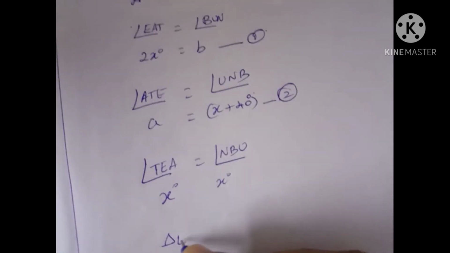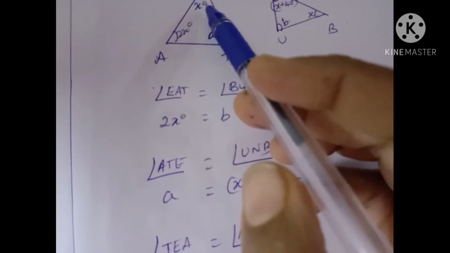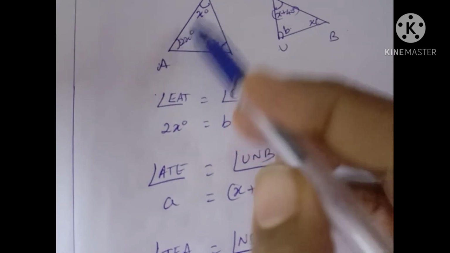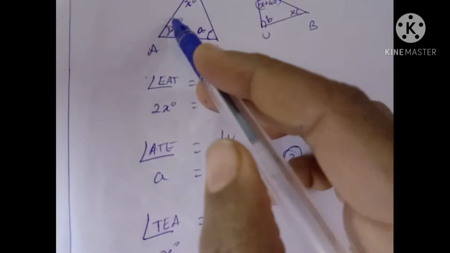So, if you take triangle EAT, according to the angle sum property, angle A plus angle E plus angle T is equal to 180 degrees.